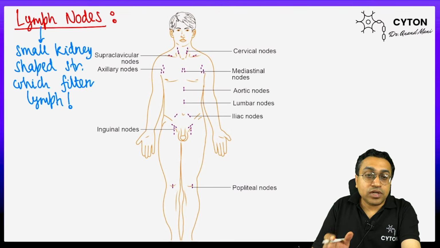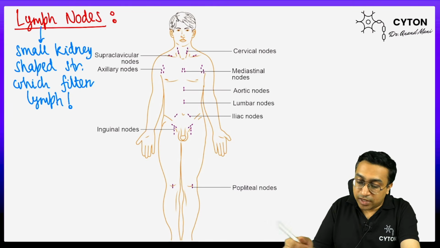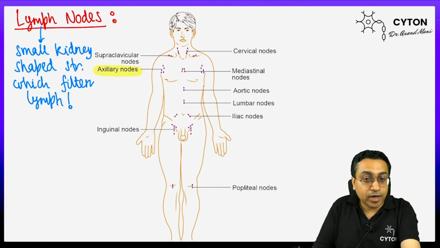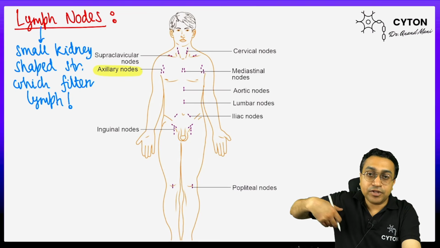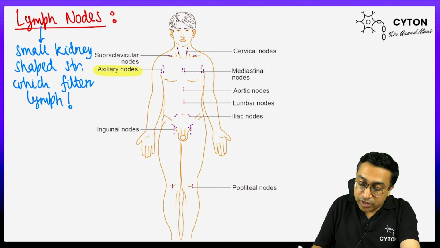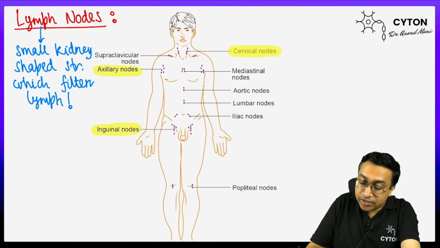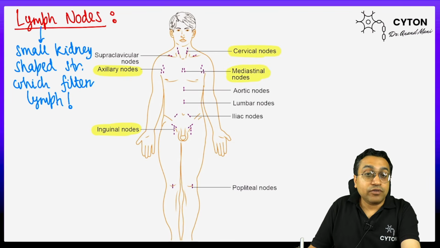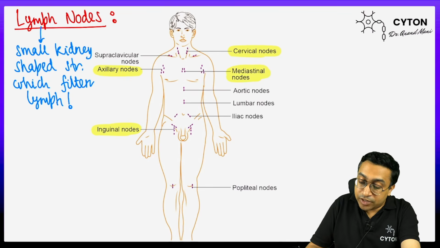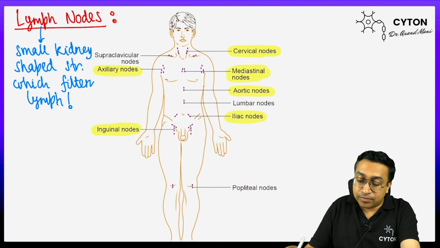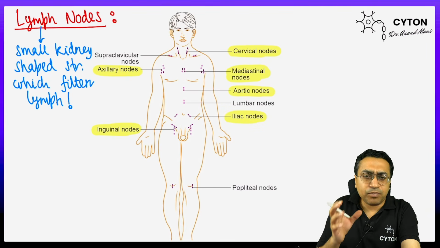The main lymph nodes of the body are named as per the regions, as you can see in this photo also: the axillary lymph nodes in the axilla, the armpit region, inguinal lymph nodes in the lower limb, cervical lymph nodes in the head and neck region, mediastinal in the thoracic region, aortic lymph nodes in the abdomen region, and iliac nodes in the pelvic region. So these are some of the very important lymph nodes.